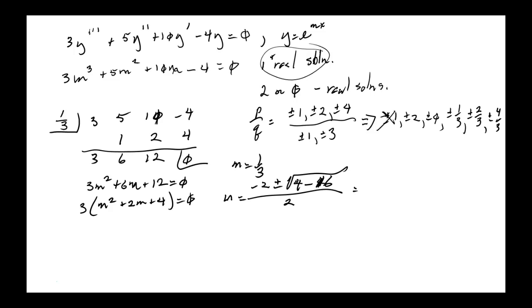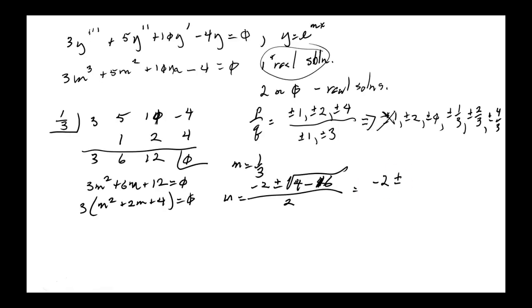It's minus 2 plus or minus the square root of, what is 4 minus 16? That's just going to be negative 12. It would be 2i root 3. Divided by 2.